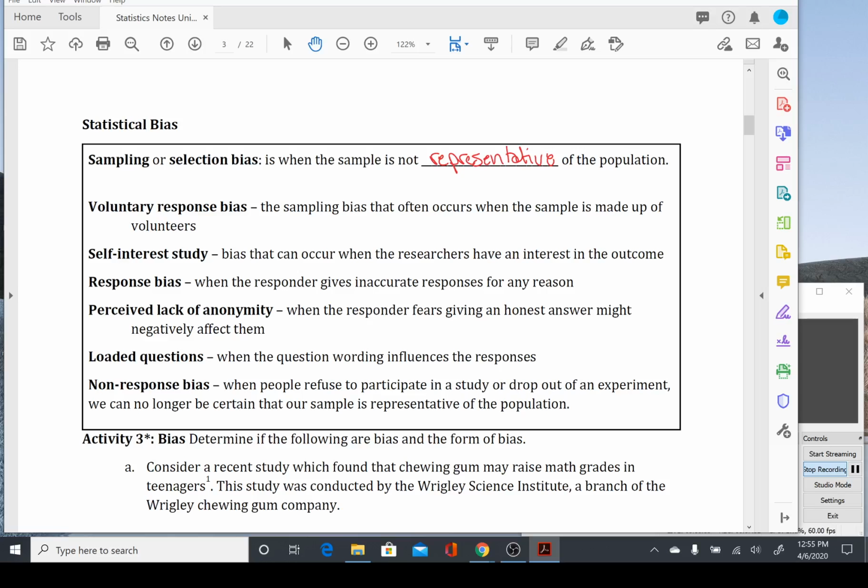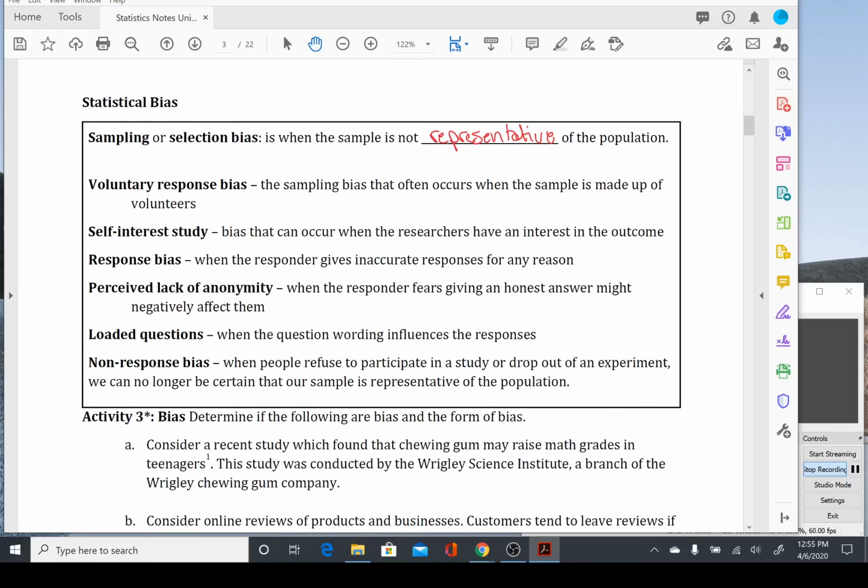There's perceived lack of anonymity when the responder fears giving an honest answer might negatively affect them. You could ask loaded questions. It's when the wording influences the responses, and you could have a non-response bias, when people refuse to participate in a study or drop out of an experiment. You can no longer be certain that the sample is representative of the population when that occurs.